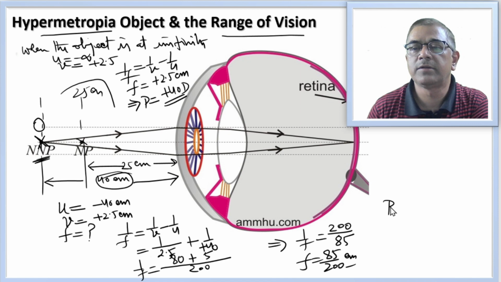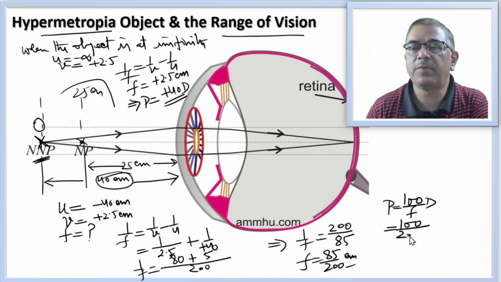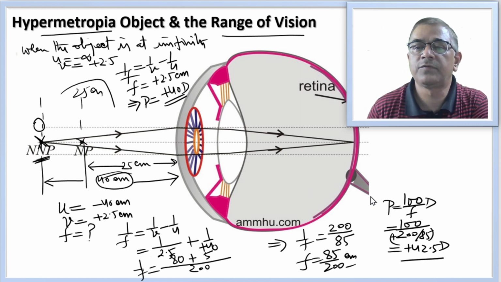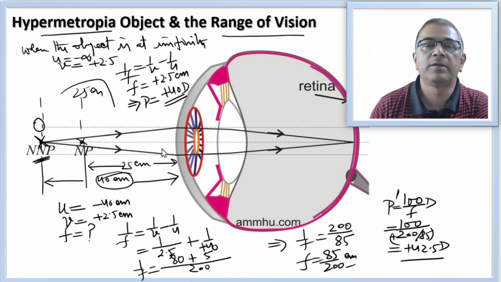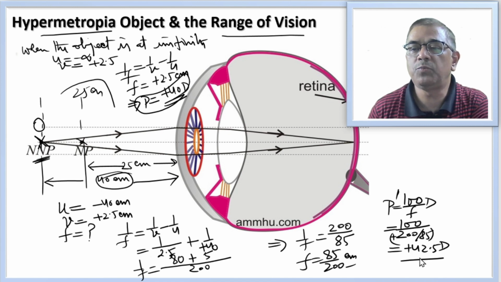Now the power is equal to 100 by f diopter, and this is equal to 100 divided by 200 divided by 85, which is equal to 42.5 diopter. You see, in the two extreme cases, the power happens to be 40 diopter and 42.5 diopter.